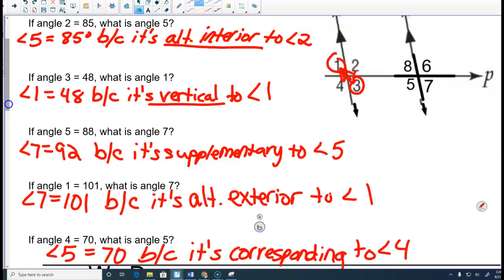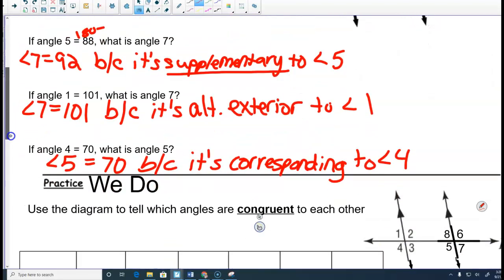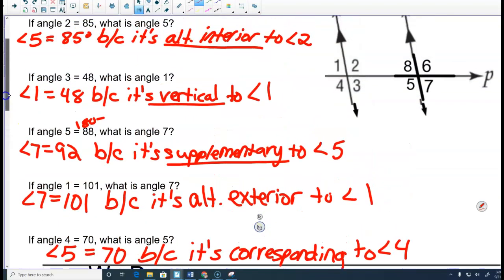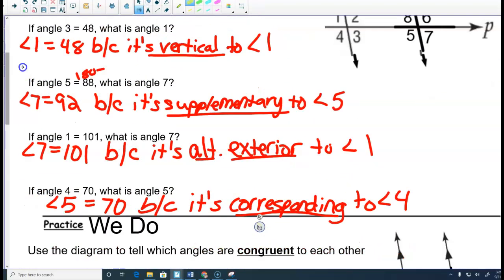They're across from each other. So again, those are equal. Check your answers. Then angle 5 and 7 are supplementary, which means you take 180 minus the angle. And then we have the next one, angle 1 and 7. Those were actually going to be on different planes, like the one we just did.